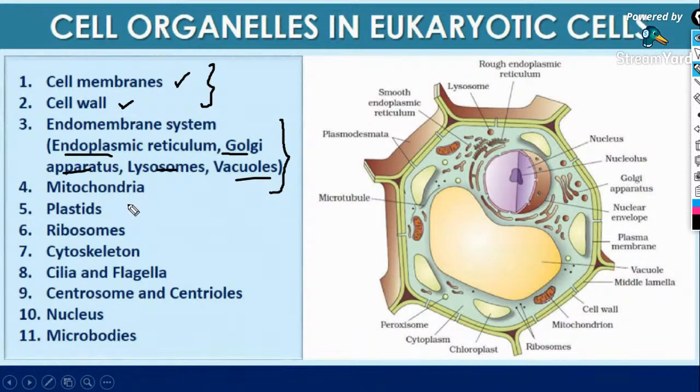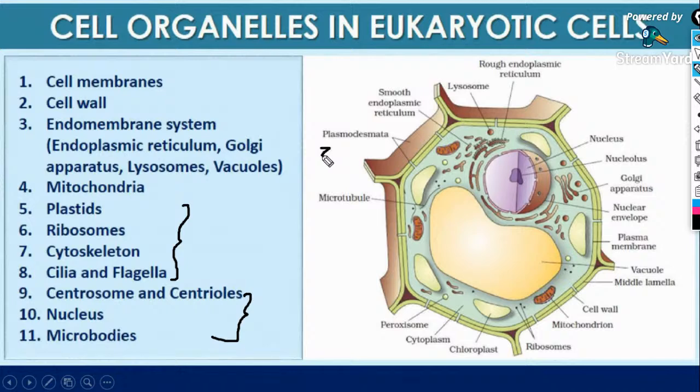Then the very next session, it's planned to complete the entire topic, but I don't know whether it will happen or not. Sometimes it will be plastids, cilia or flagella, then centrosomes, centrioles, and nucleus in the next session. So it makes 3 further sessions. We have completed 2, total 5, right? In 4 or 5 lectures we will complete it, and we haven't divided till now how to complete it.